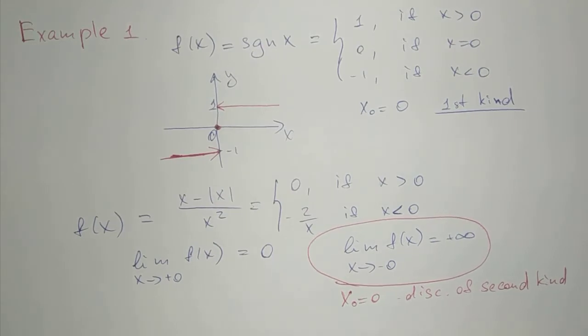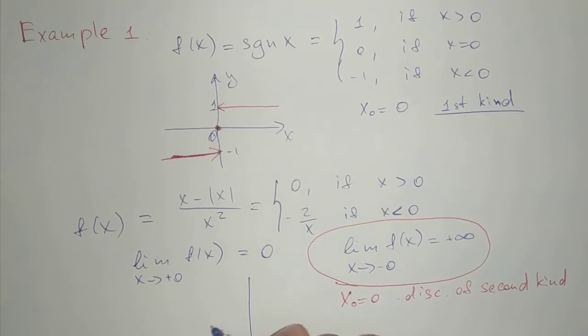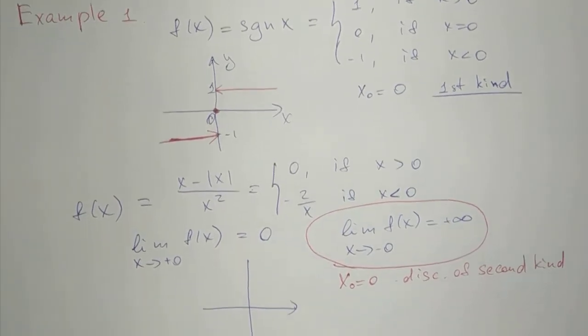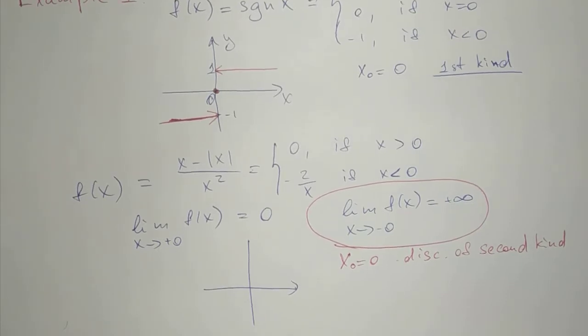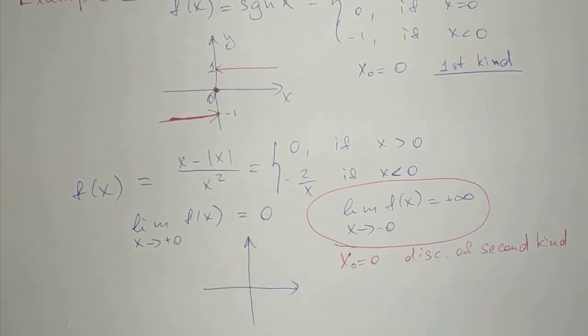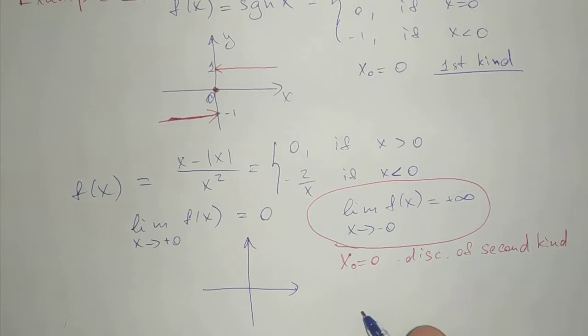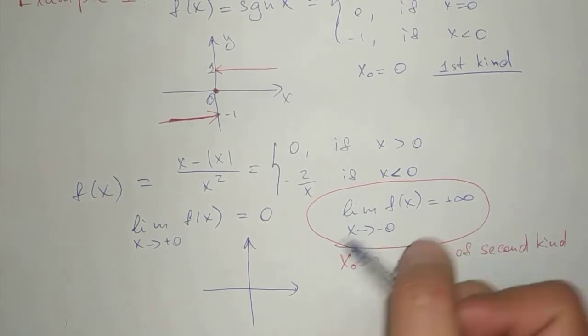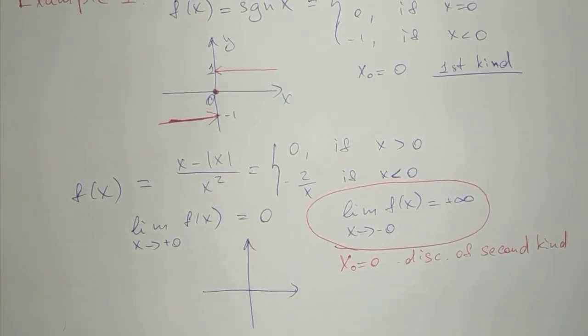Let's try to draw the graph of this function. So the graph is here. If x is greater than 0, it is 0, so it means this part.